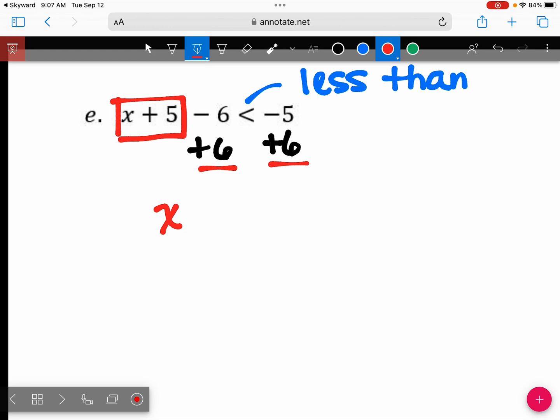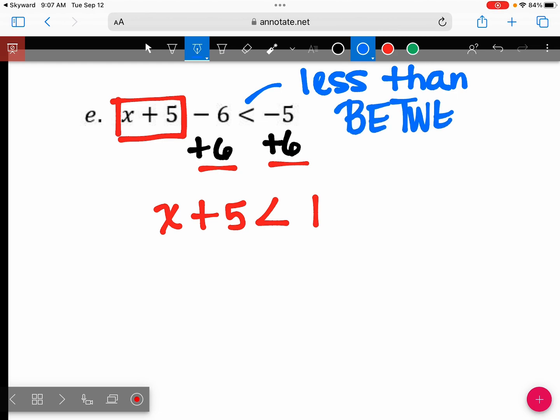So that would be x plus 5 is less than +1. When it's a less than, the graph is between. So I want you to put another less than and the -1 on the other side.